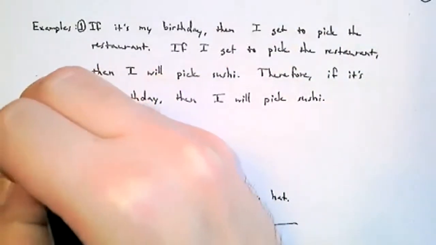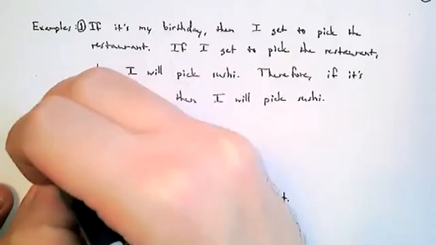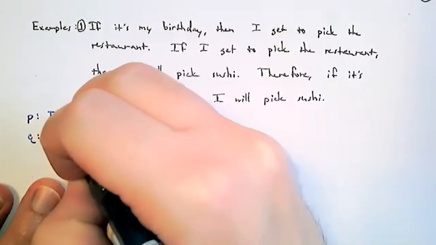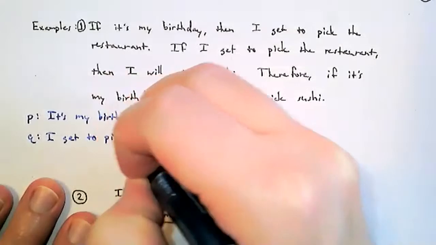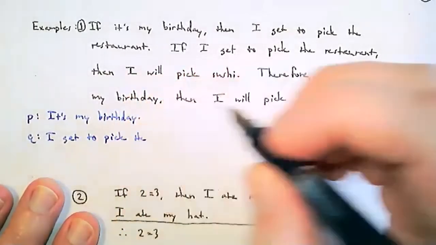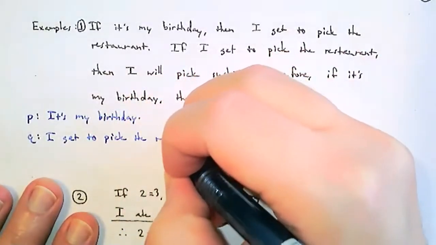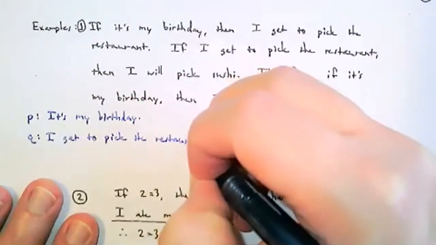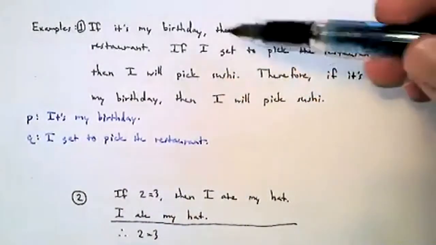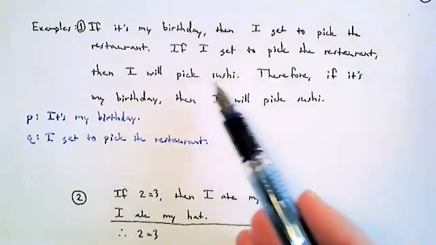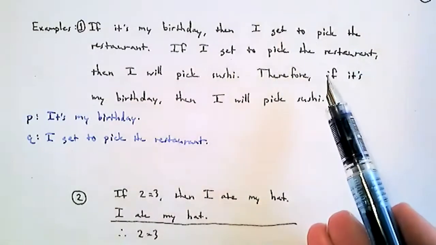Let's label that one Q. And then that part gets repeated, I get to pick the restaurant again.